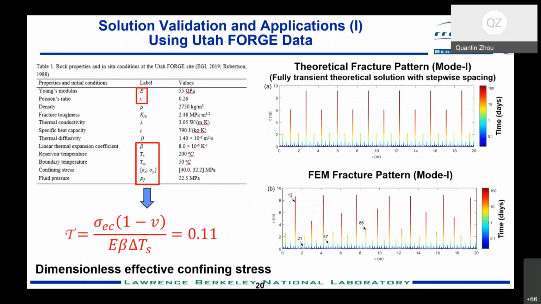Now for the application, we use the Utah FORGE data for our application and validation. So the rock properties and the boundary conditions in the red boxes are converted to the only parameter, which is 0.11.